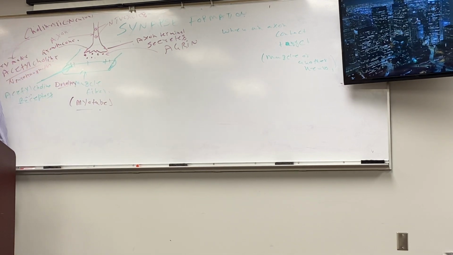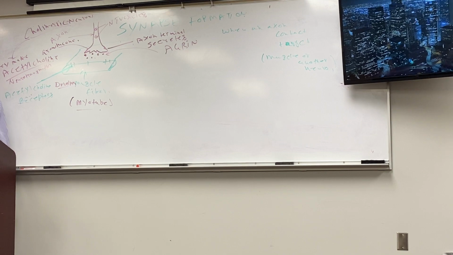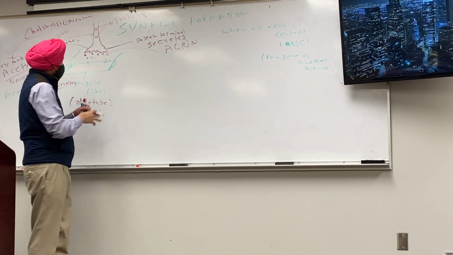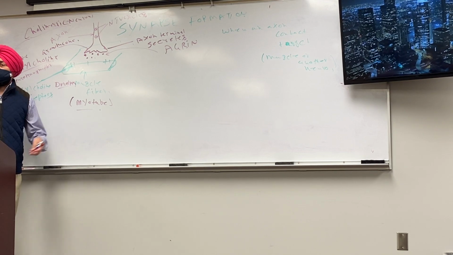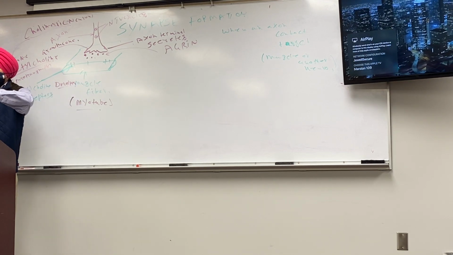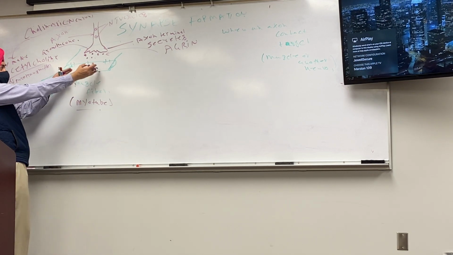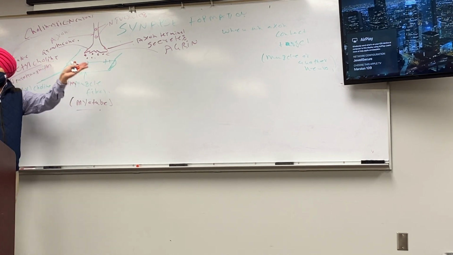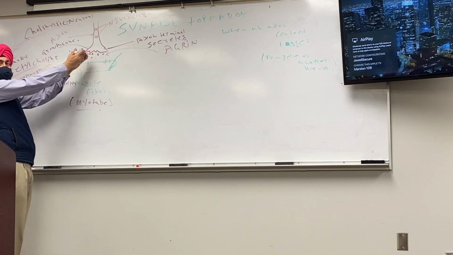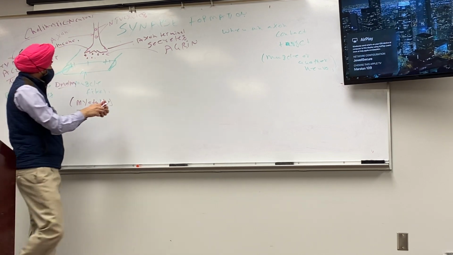Now, what happens when agrin is secreted there? What agrin does, as the name suggests, it aggregates. All these acetylcholine receptors, which were spread far away, aggregate under the nerve terminal. So what is going to happen here?